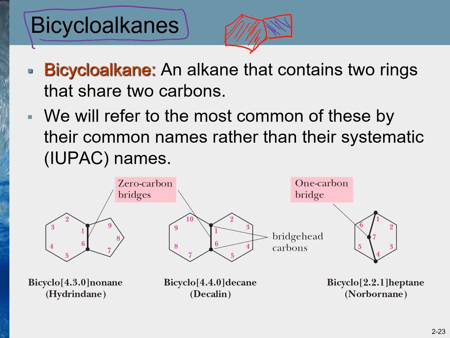The shared carbon atoms are known as bridgehead carbon atoms. For example, these two carbon atoms, this one and this one, they are shared carbon atoms, so these are known as bridgehead carbon atoms.